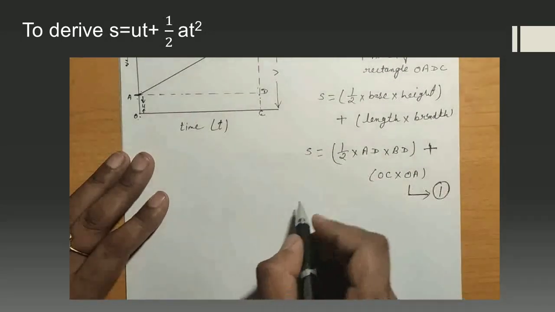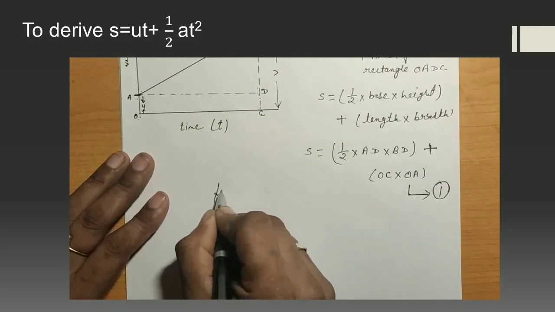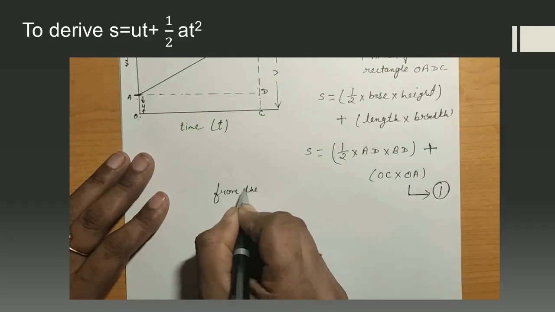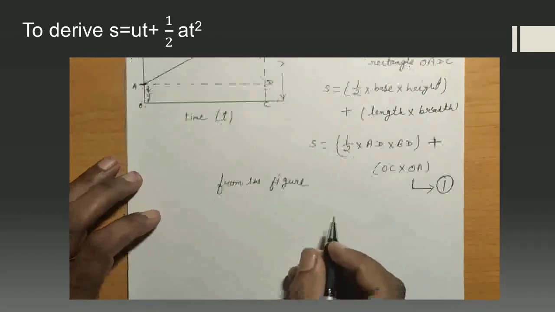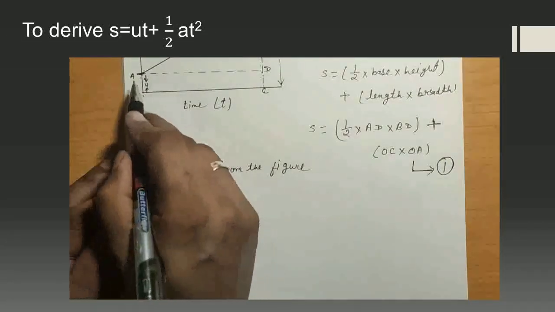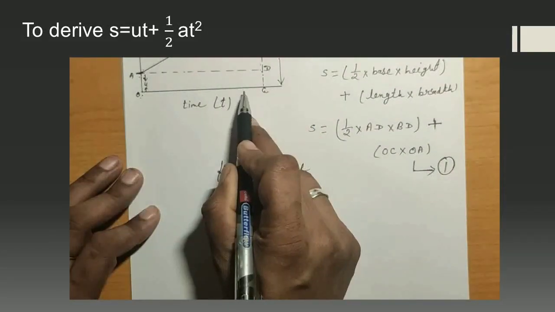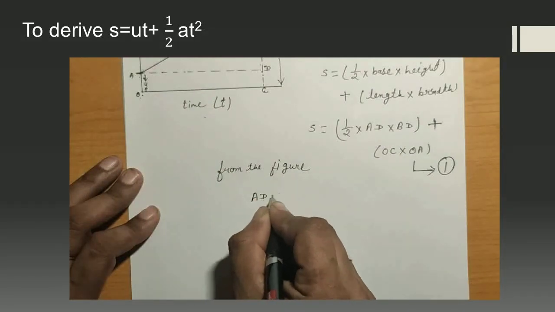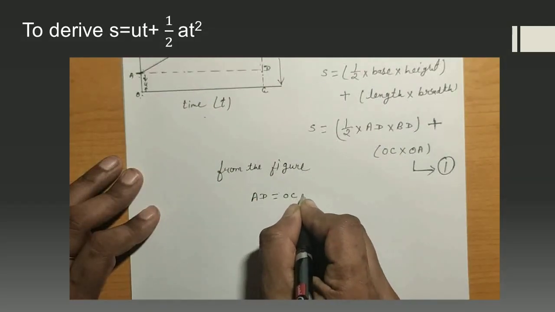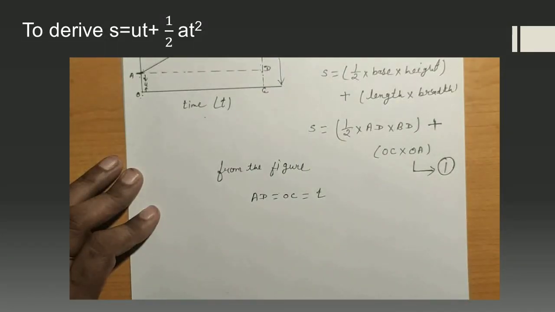As we know, or from the figure, we can say AD is equal to OC, that will be t. So AD is equal to OC is equal to t. Clear?